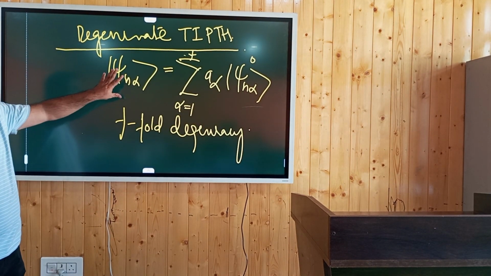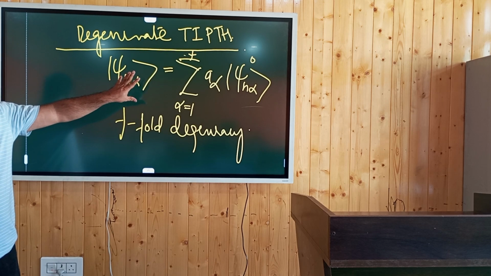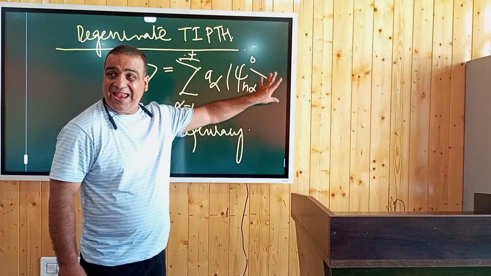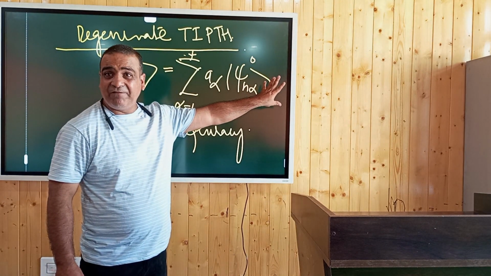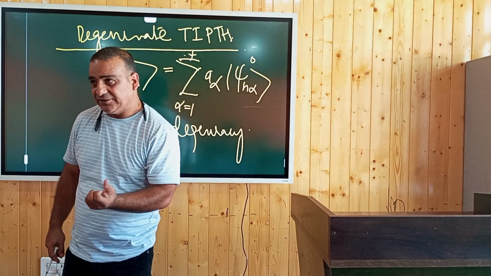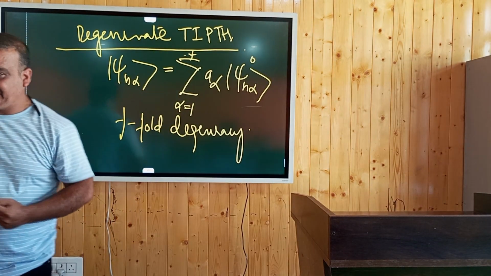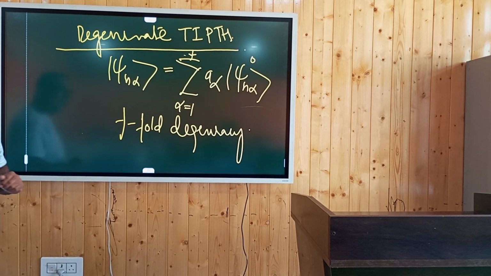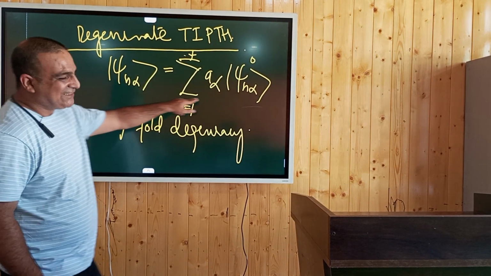Now I write the vector psi n alpha as a superposition of the vectors psi n alpha naught. Psi n alpha naught is known to us, and I introduce a coefficient, A alpha, with it. Is this clear to you? Okay. Now this is the ket.